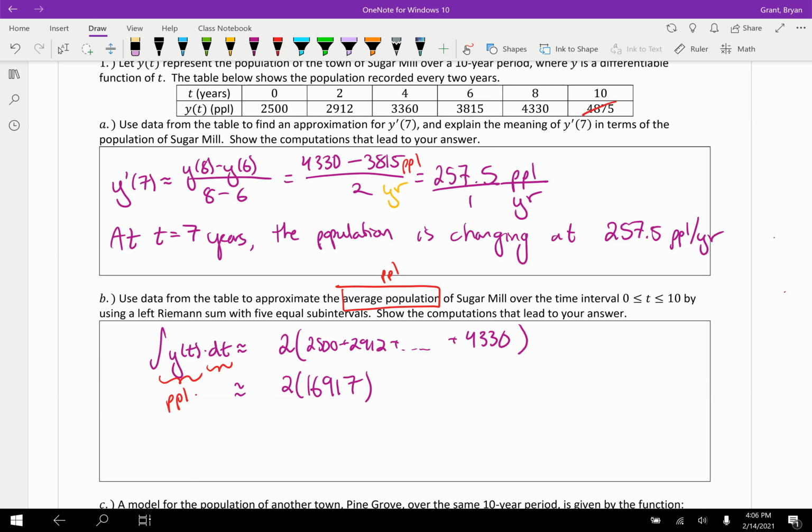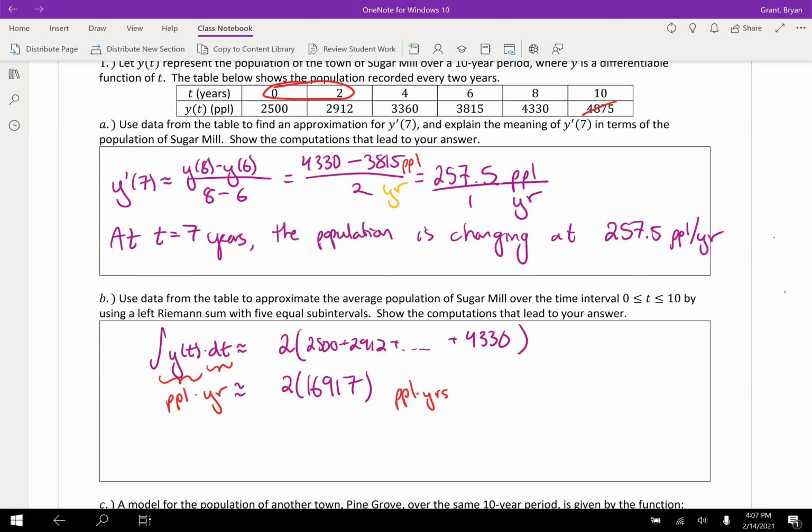In this case, it's actually a tangible interval of 2, but our t values are in terms of years. And so if I multiply these two together, I'm going to get units of people years. I'm not even sure what units of people years are, but I'm quite certain that those are not the units that I want.